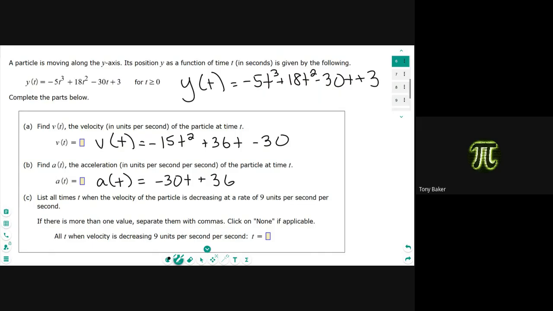All right. The last part wants you to list the times when the velocity of the particle is decreasing at a rate of 9 units per second. So what does that mean? Correct. So we're going to set the acceleration to -9.